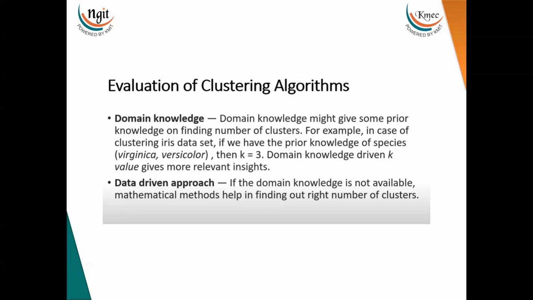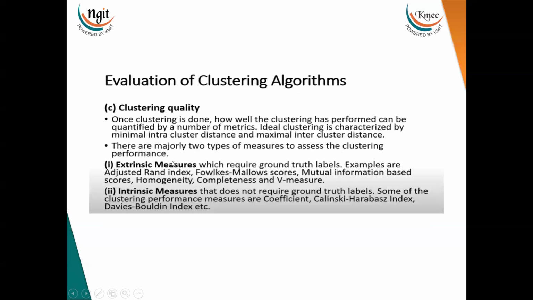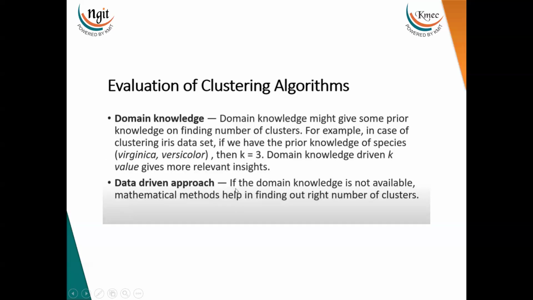For example, if you know about the iris data set, we know that there are basically species like setosa, virginica and versicolor present. By this domain knowledge, we can identify that forming 3 clusters is enough. In this way, domain knowledge helps us identify the value of k.